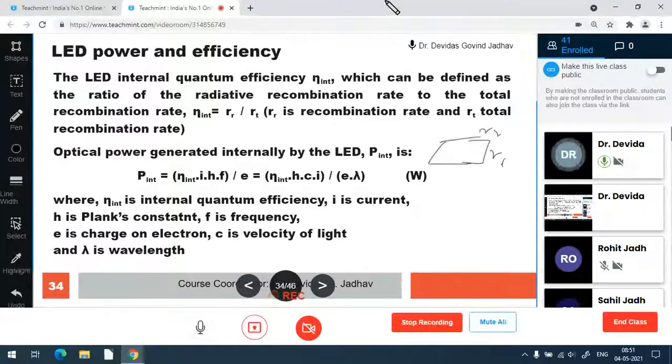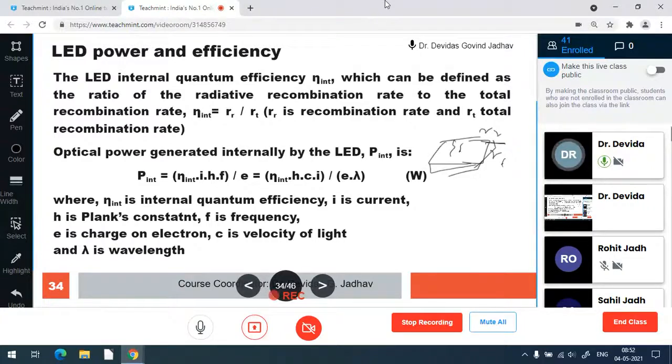Then radiative upon total is the quantum efficiency. Radiative recombination rate upon total recombination rate is the quantum efficiency. The internal optical power is the optical power generated internally within this crystal.